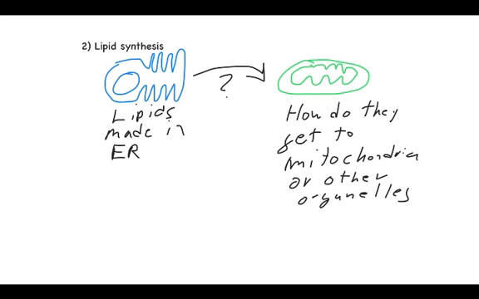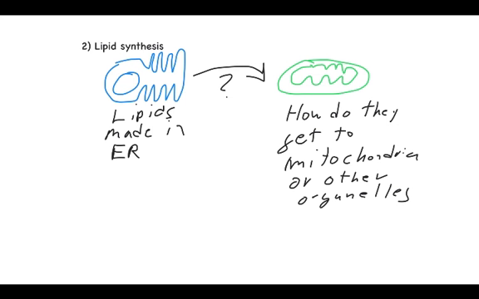Now, until relatively recently, there have just been a lot of ideas and it hasn't really been very clear. But now there's this very active area of research where it is clear that the ER makes all sorts of different contacts with different organelles within the cell. It reaches out and hugs them. And so one of the ways that this happens is that there are all these ER organelle contact sites.